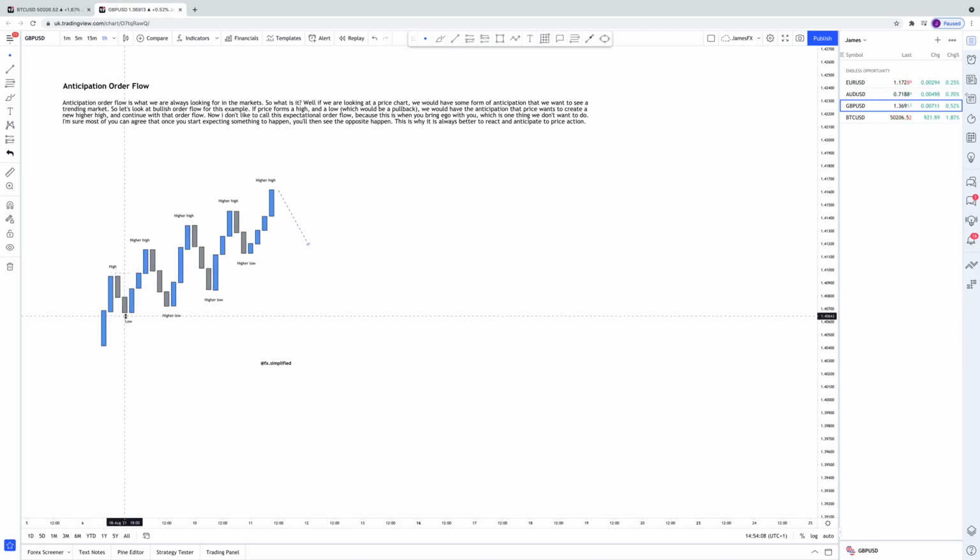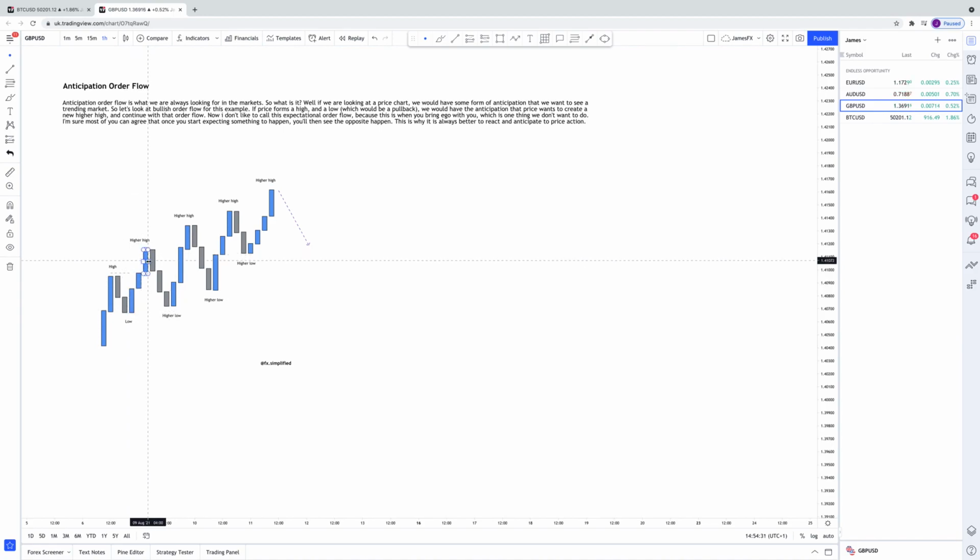So we have a high, low. The anticipational order flow would be for a new higher high and for price to then confirm this to be the higher low. So once price breaks the high, closes above, we have a confirmed higher high, and more importantly, we have a confirmed higher low. This low wasn't confirmed until price broke.